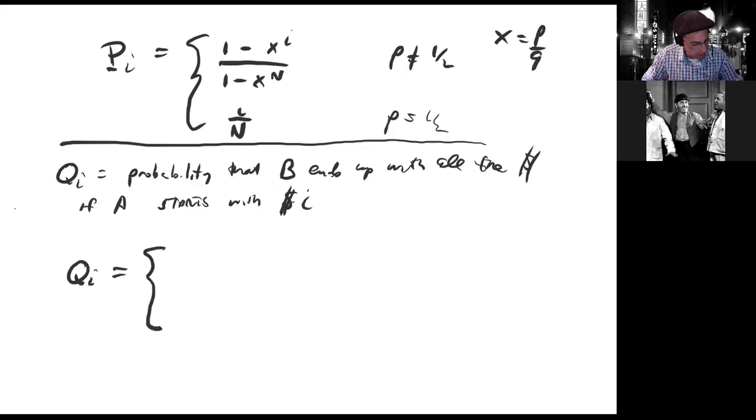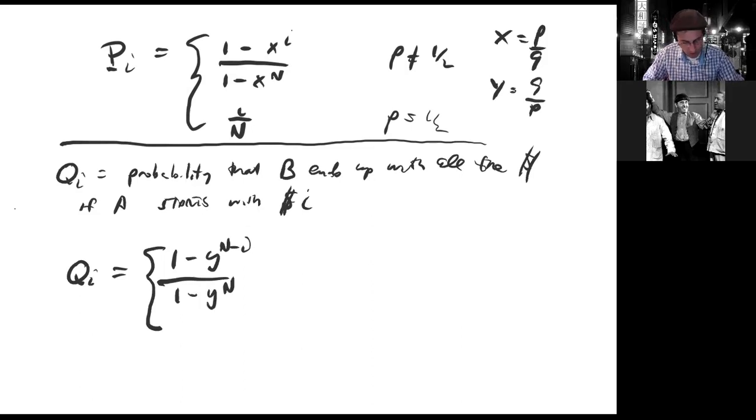So Q sub I will be, let's set y equal to Q over P. So it's (1 minus y to the n minus I) over (1 minus y to the n) if Q is not a half. By the way, Q is not a half if and only if P is not a half.